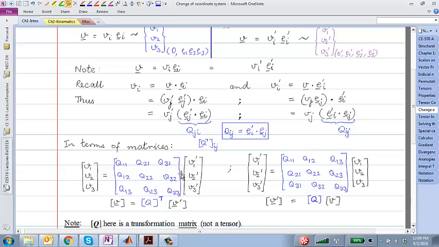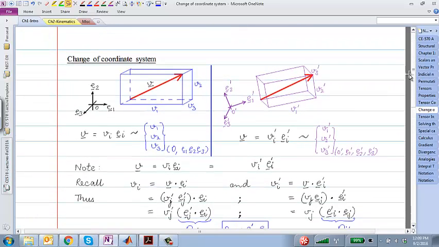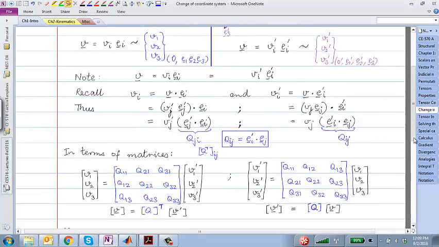Or if I know the original components, unprimed components v1, v2, v3, I can pre-multiply with this Q matrix to get the primed components. So for example, the problem that I had originally posed up here, that if I know v1, v2, v3, how can I find v1 prime, v2 prime, v3 prime? I can use this expression.